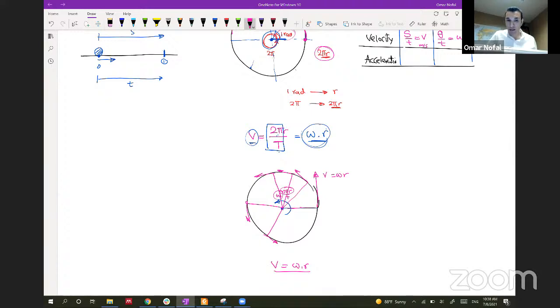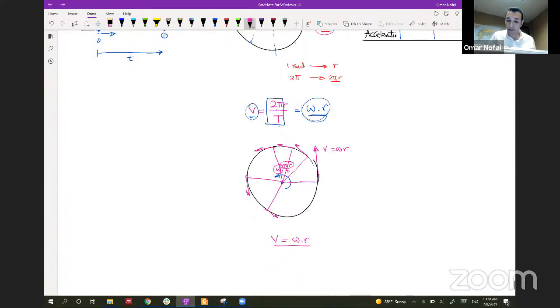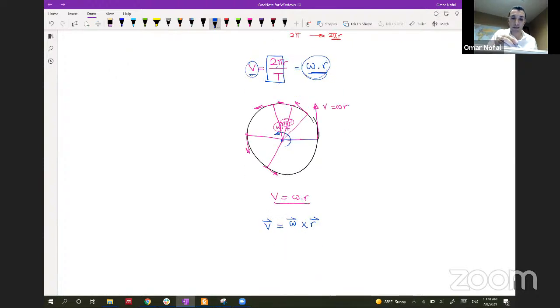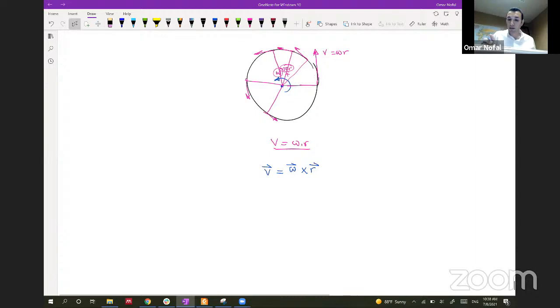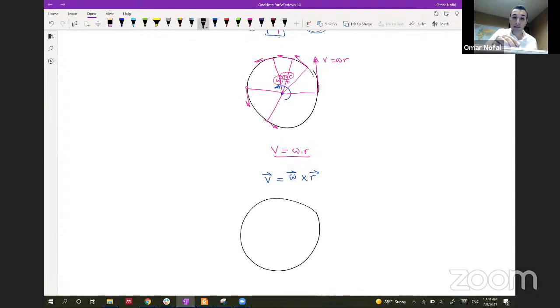If you want to get a direction, then the v vector will be equal to the omega vector cross product with the r vector. So let's think about this in a vector shape. You have your circle like this, and here is the center of the circle, and you know the omega direction. If you want to know the direction of omega, you curl your fingers with the rotation, so it's positive and the direction is going outside.